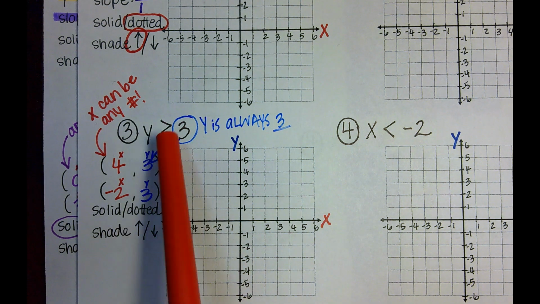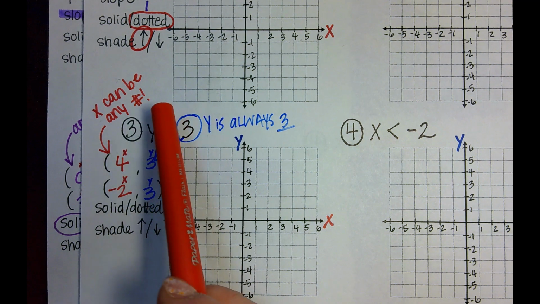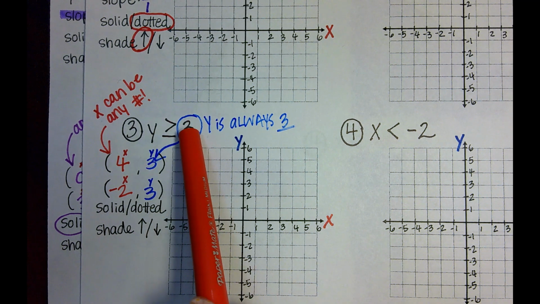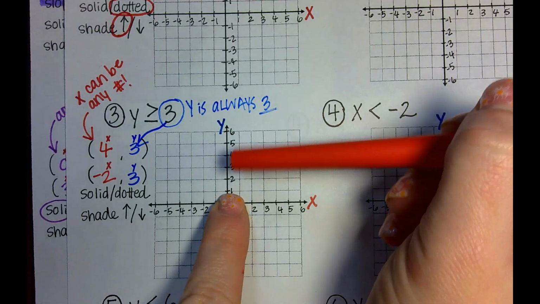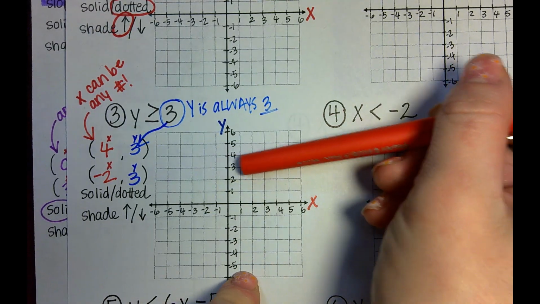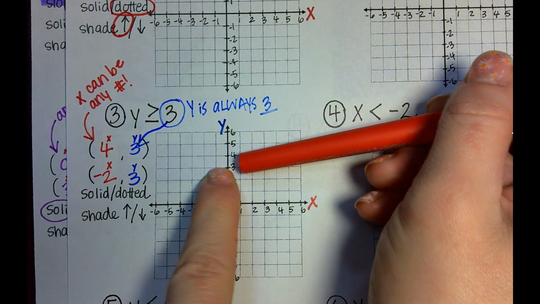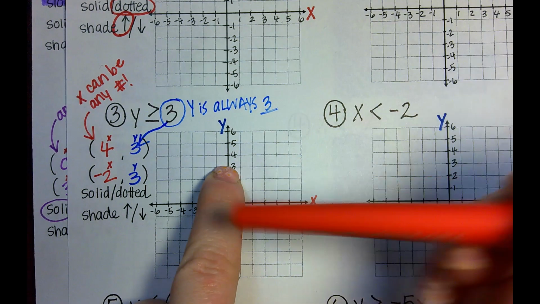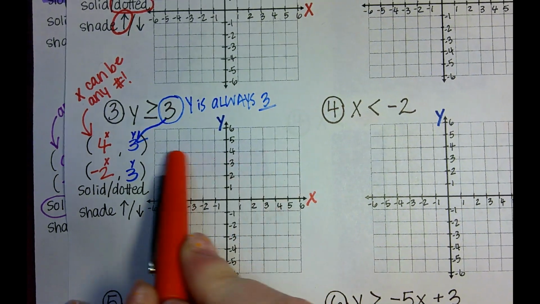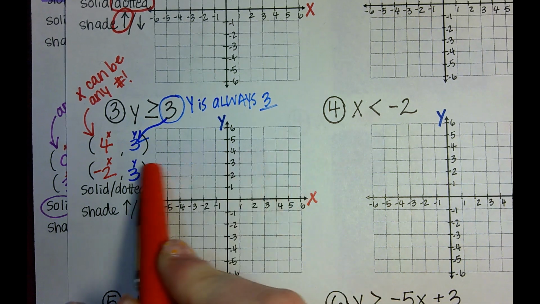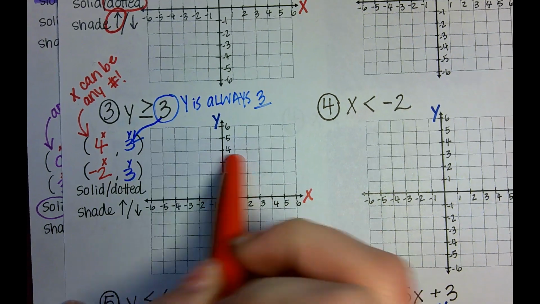I like to just remember that if I say y is greater than or equal to 3, this means that y can be 3. So here's 3 on the y-axis, and it can be anything bigger than 3. So you're going to end up having a line that goes right across here, and then we would shade above.